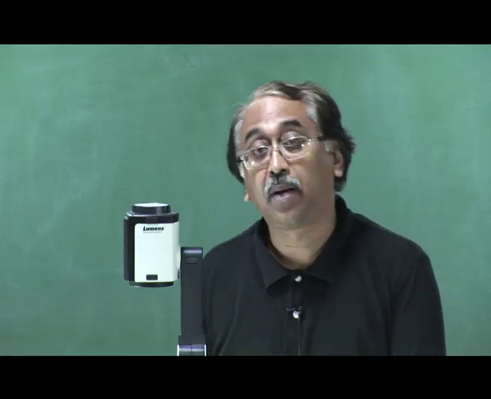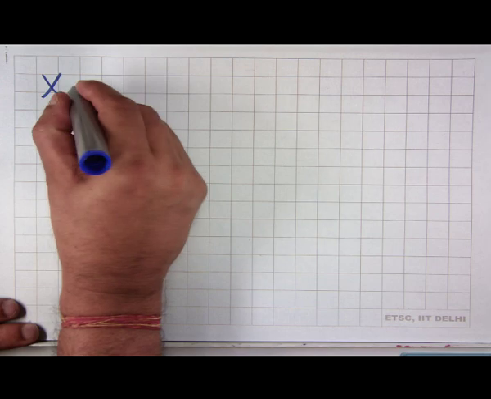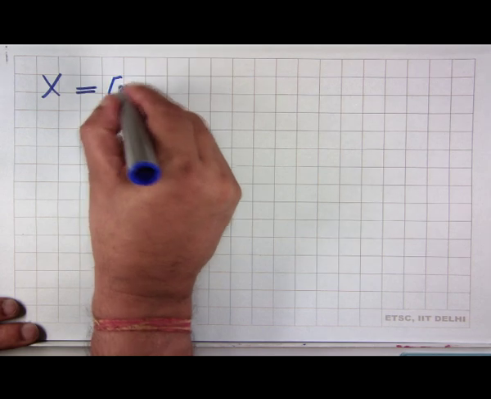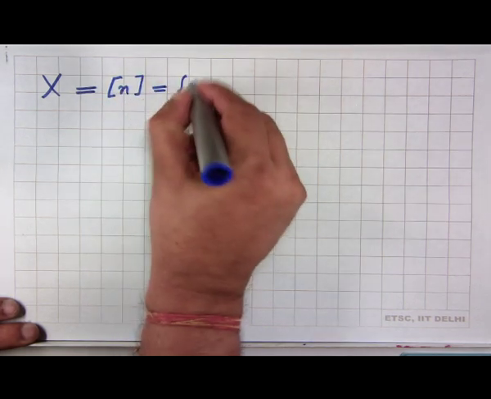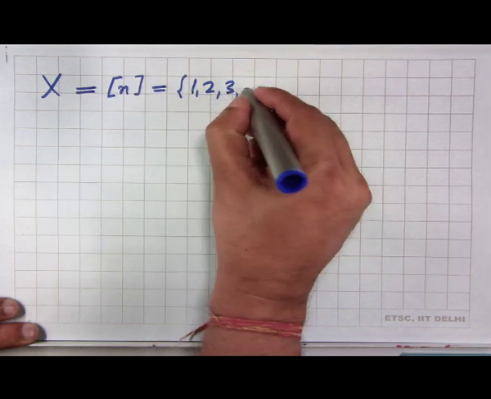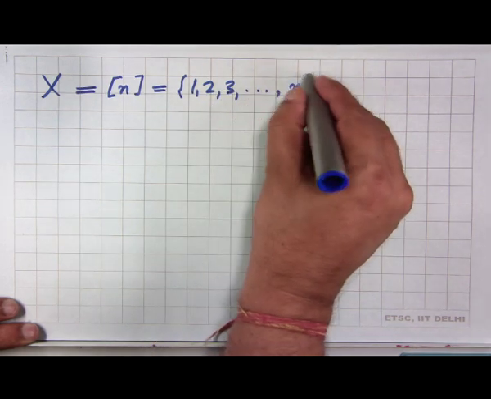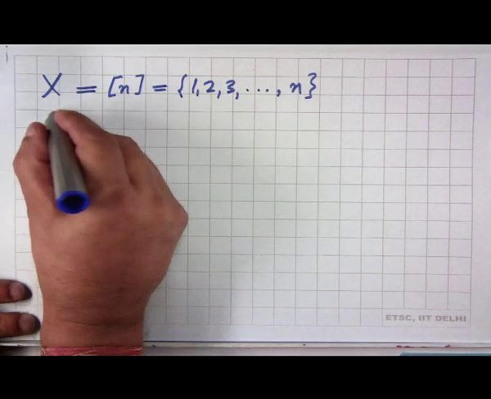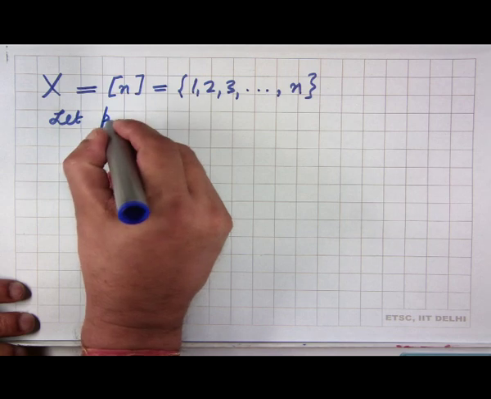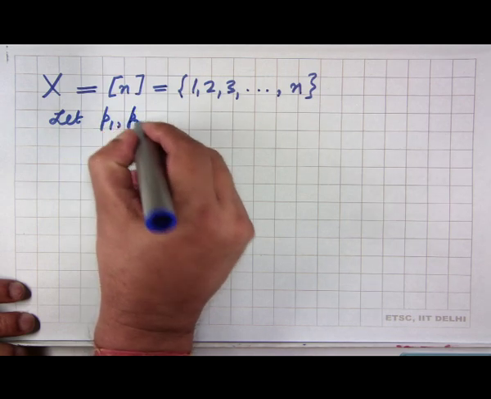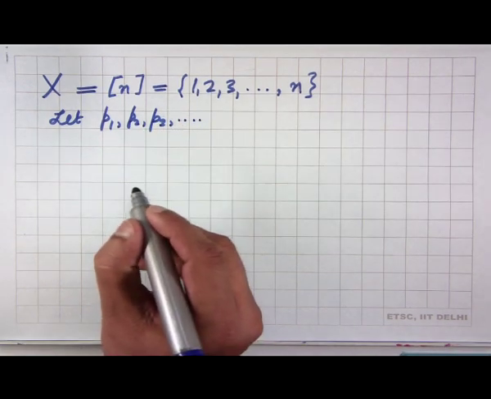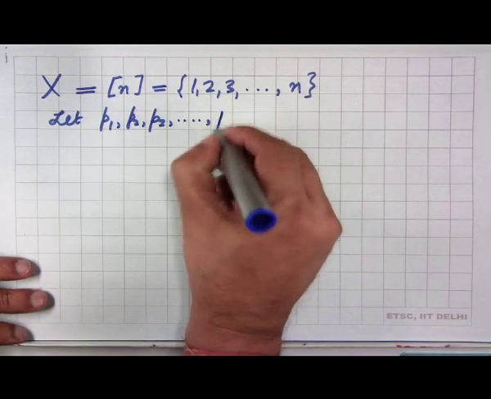Again, in this example as well, X kind of defines itself. For X, I will take the set of all the numbers up to n. Now, because it depends on n, naturally I have to list the primes p1, p2, p3, till say pk.